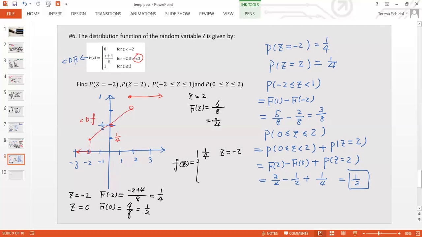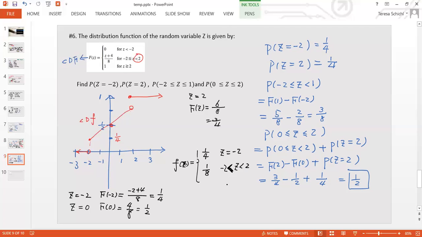Now what is the value when z is from -2 to 2? You take the derivative. Remember, the PDF is the derivative of the CDF. So this is 1/8. This one doesn't have the equal sign.